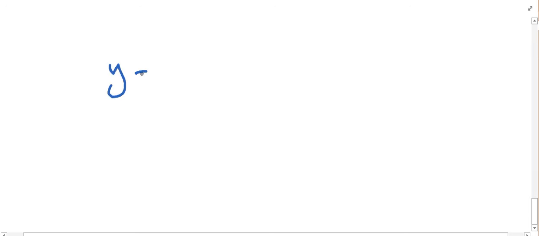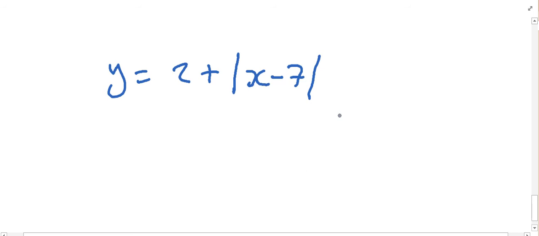So we have y is equal to 2 plus that, then you have x minus 7. When you have such an expression, like I explained in the previous example, the first thing you need to ask yourself is what are the y-intercept and the x-intercept.